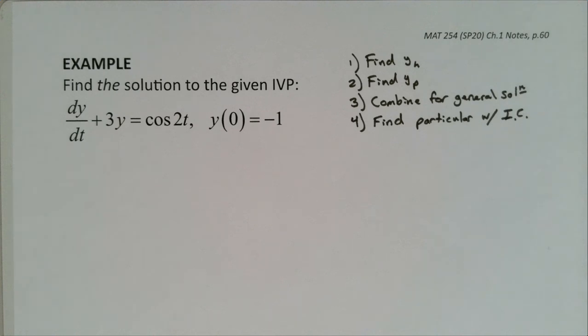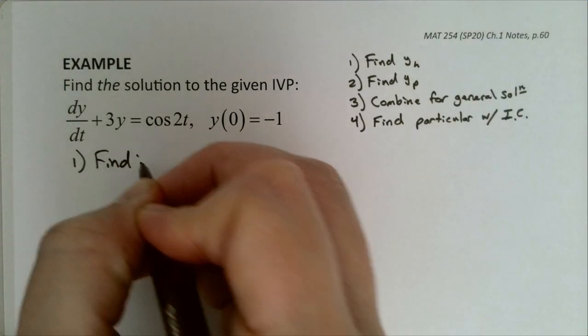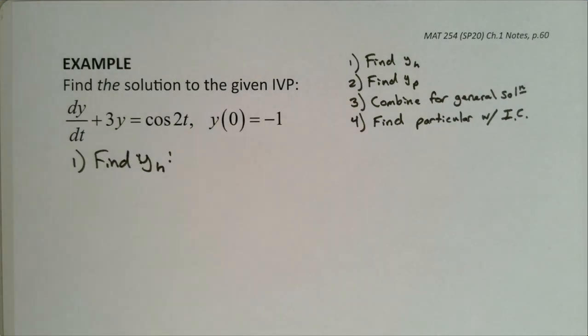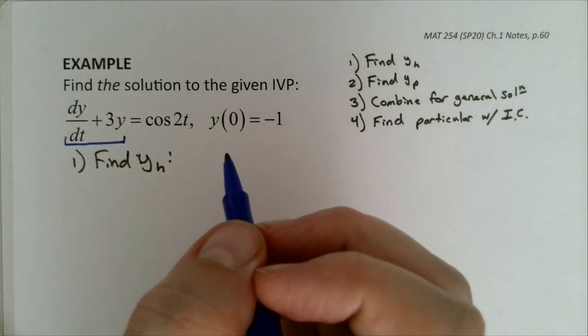So just a reminder, we have to do the first step, finding y sub h. And I'm going to try to make this as quick as possible because we have a really simple manipulation here.